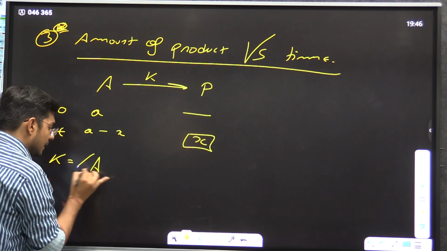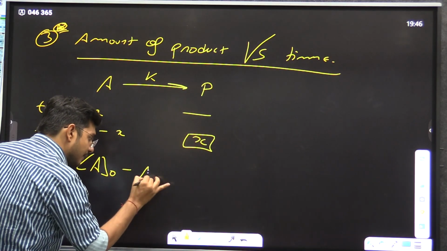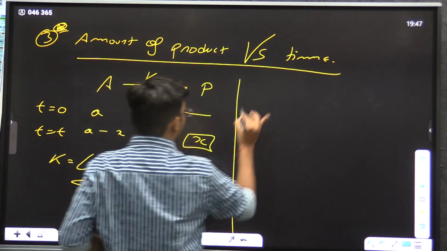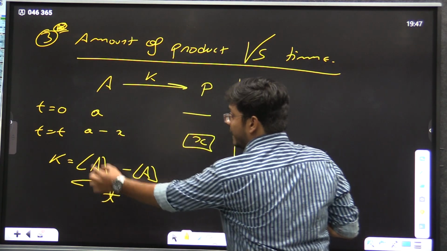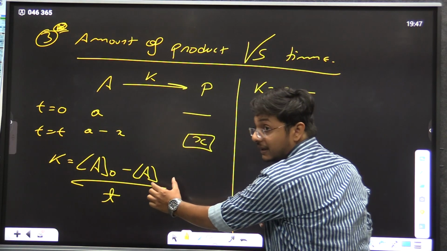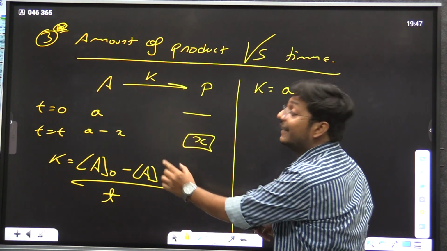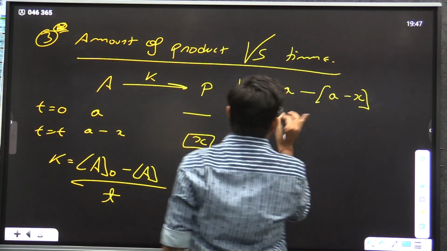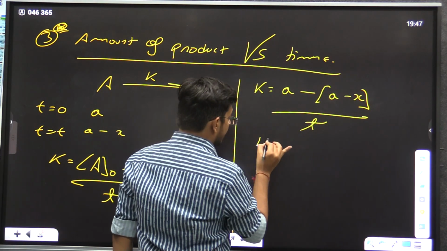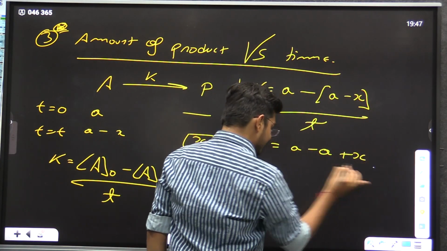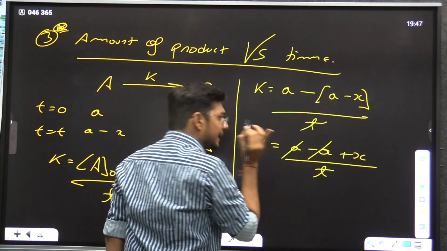As we know, K is A naught minus A by T. On putting this value, A naught is the initial concentration, that is A, minus the amount of the reactant left, that is A minus X, upon the time T, and this will be A minus A plus X by T.